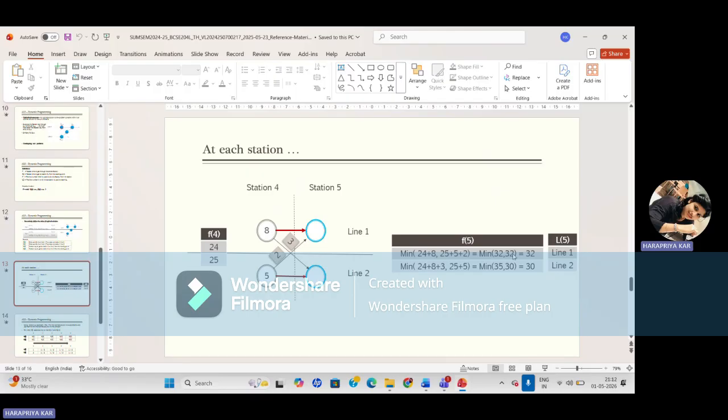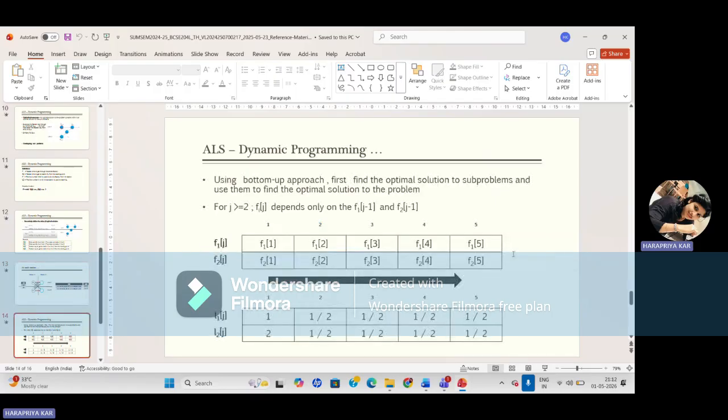So using the bottom-up approach, first we have to find the optimal solutions to the subproblems and use them to find the optimal solution to the problem. Then for j greater than or equal to 2, f of ij depends only on f1 j minus 1 and f2 j minus 1. Then f1 of j will work over f1 1, f1 2, f1 3, f1 4, f1 5.